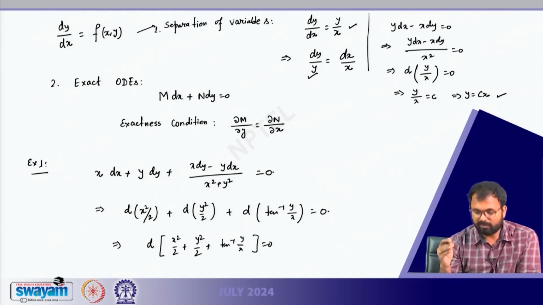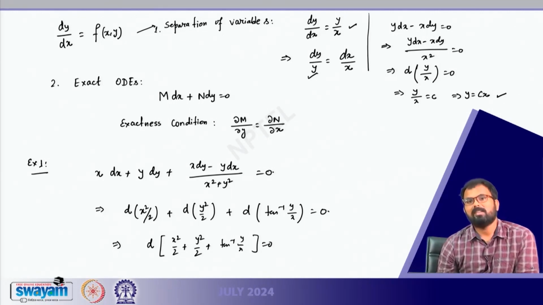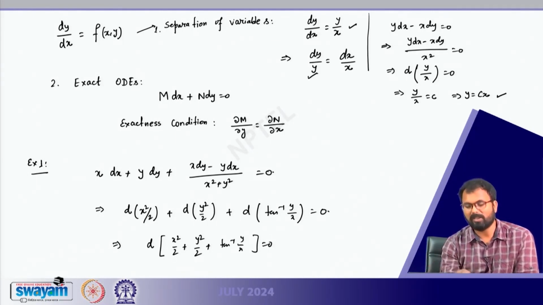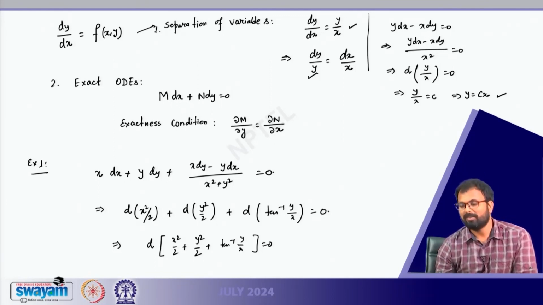So, of course, if your equation becomes exact, then there are several ways to find out the factor with which you can multiply. If the equation is not exact, then there are factors that you can use to multiply your given ODE so that it becomes exact, right. So, this is what happens in this example. If you look at this example, earlier it was not exact, but then I multiplied it by 1 by x square, and then it became exact.